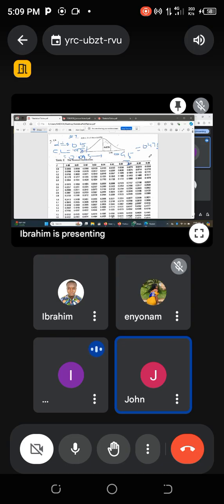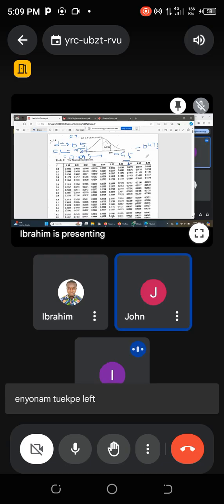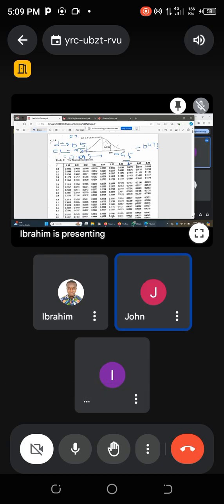Okay, so now let's assume that we have 5% level of significance and it is one-tailed. Because it is one-tailed, you are going to get a confidence level of 0.95.